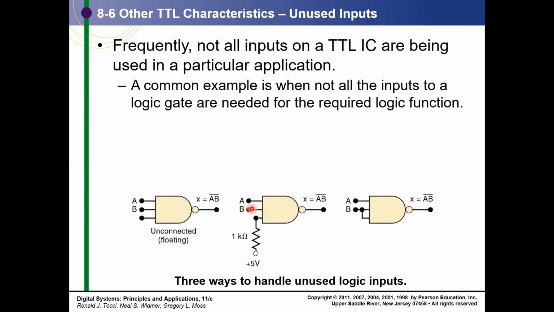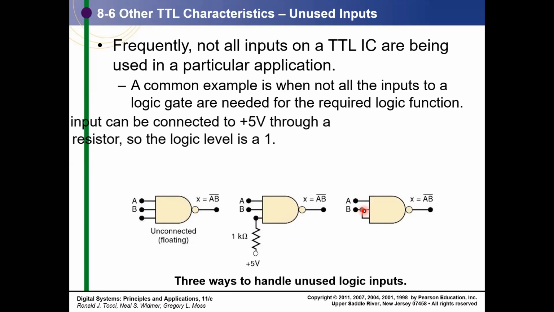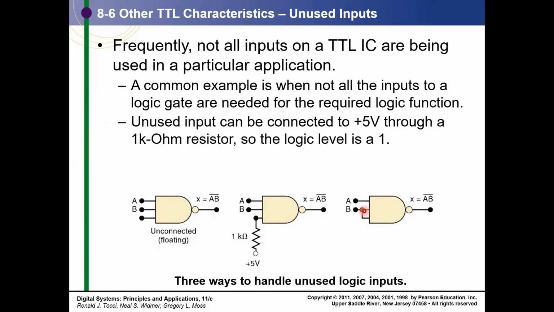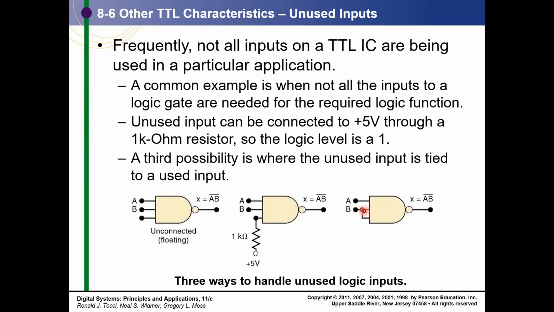So whatever comes here, it goes there also, and logically the function does not change. Rather than a 3 input device, it becomes a 2 input device. So you have two options: either connect it to logic 1 or short it.